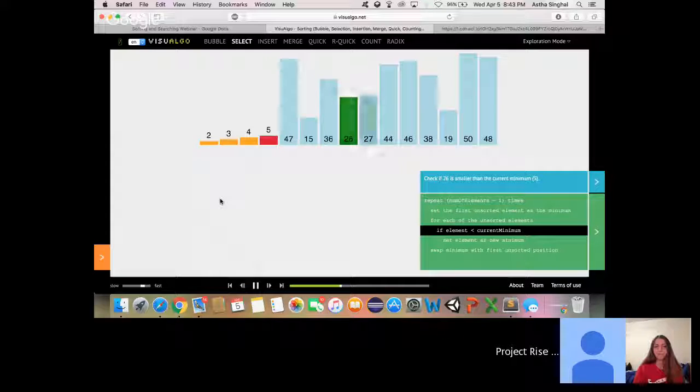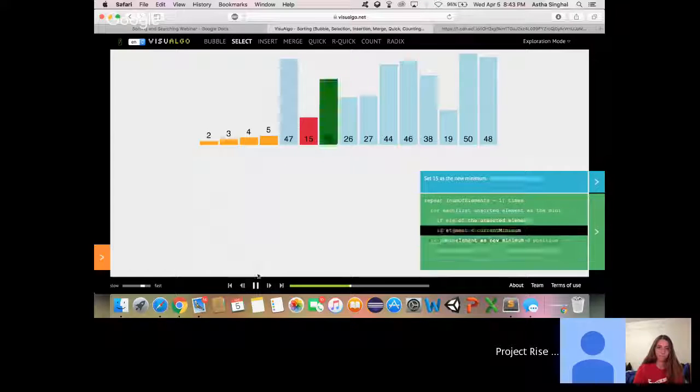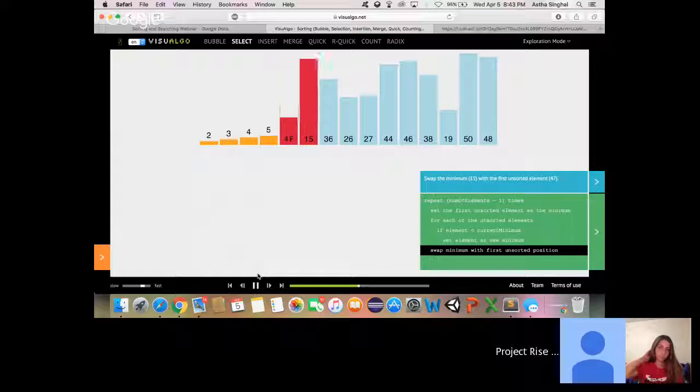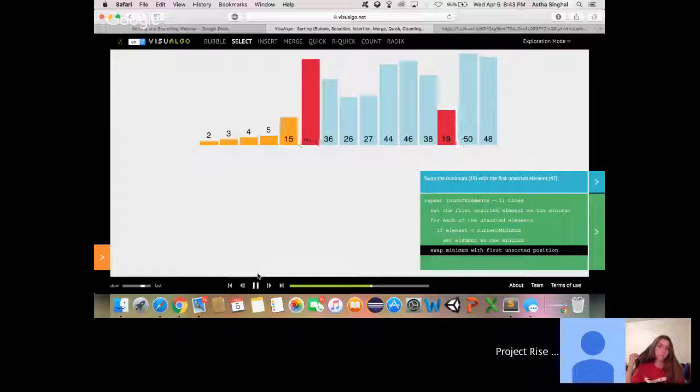As you can tell, this isn't the most efficient algorithm because you're searching through the array multiple times. When they're talking about best case and worst case, your best case would be if this is already sorted. Even then, it's still going to search through the whole array multiple times. So I think the best case and the worst case would be exactly the same. That's the idea for it.